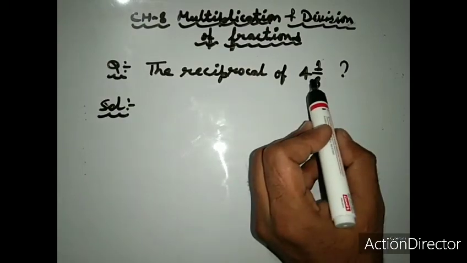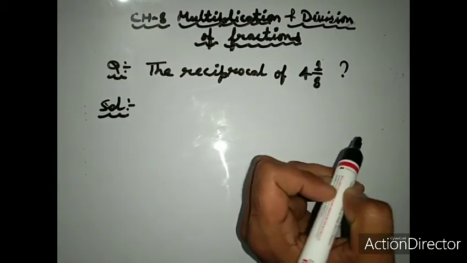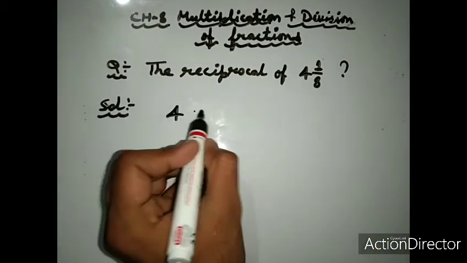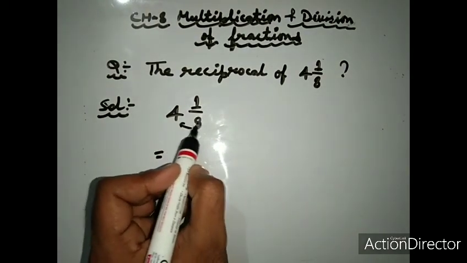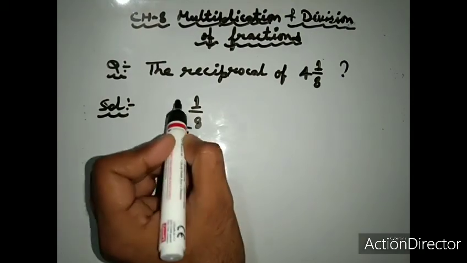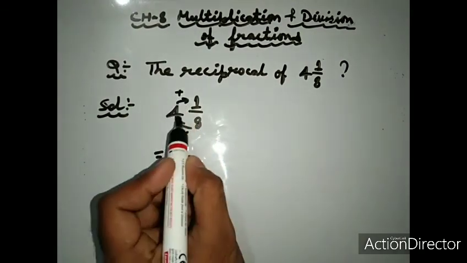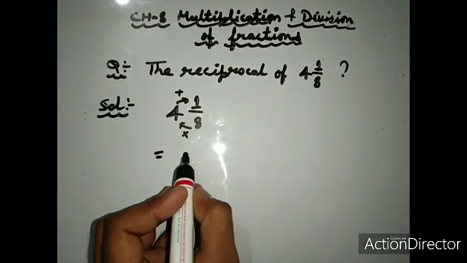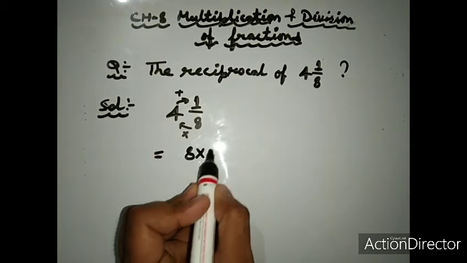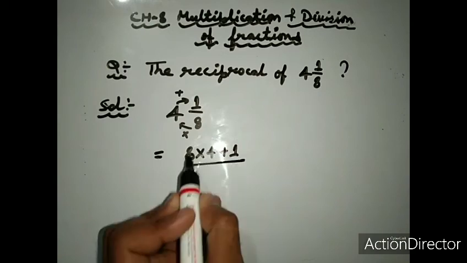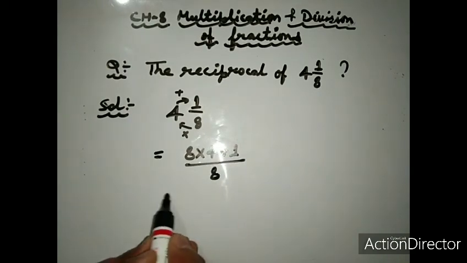First we change this mixed number into an improper fraction. How do we change this number? We multiply this denominator with this whole number, and after that we add 1 to the product of these two numbers. So here we write 8 multiplied by 4 plus 1, and here we write 8 as a denominator.